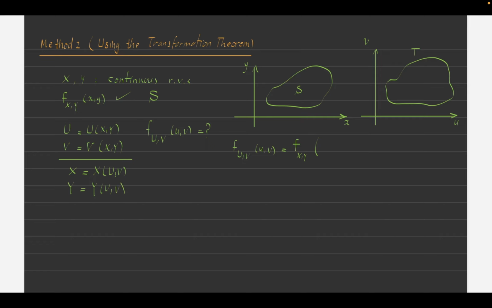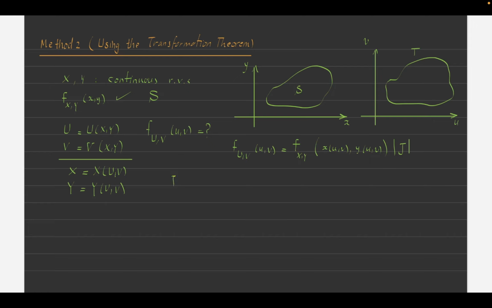Yes, so then it means that you have to write x as a function of u and v here, y as a function of u and v here, but of course you have to multiply by the absolute value of the Jacobian of this transformation.